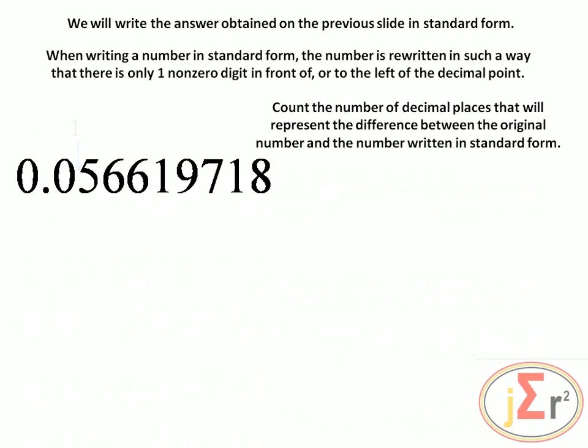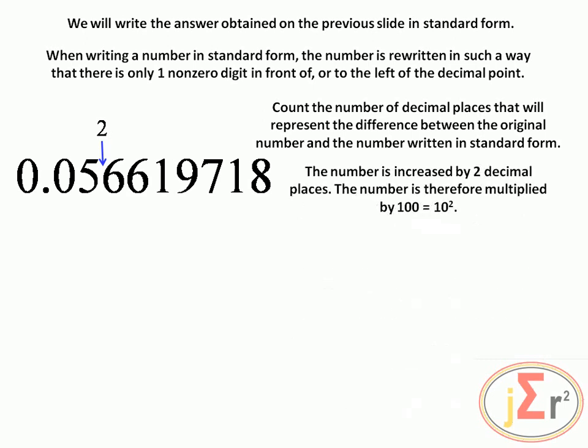1, 2. There is where we have to focus, because we have the standard form number to be written and we need only one non-zero digit to the left of the decimal point. The number is increased by 2 decimal places.